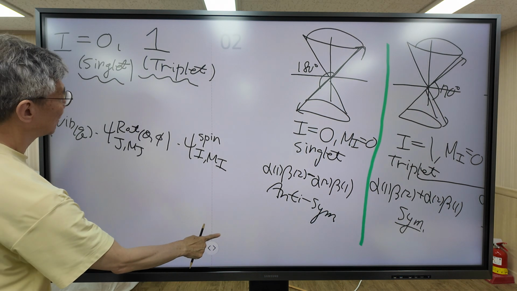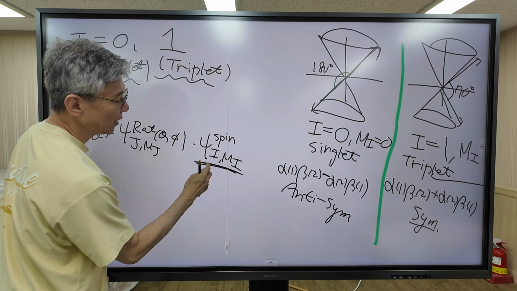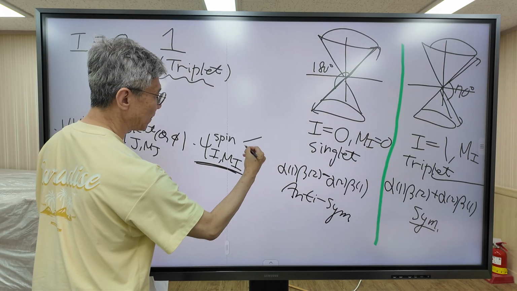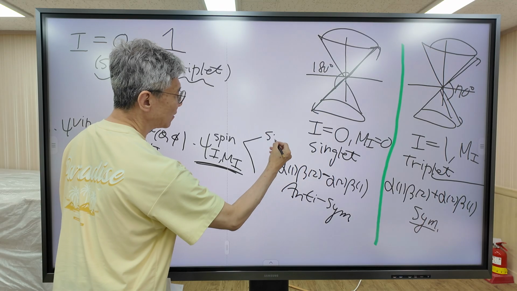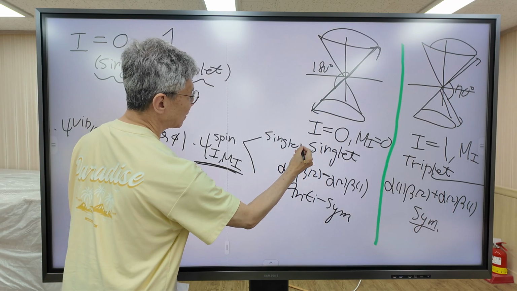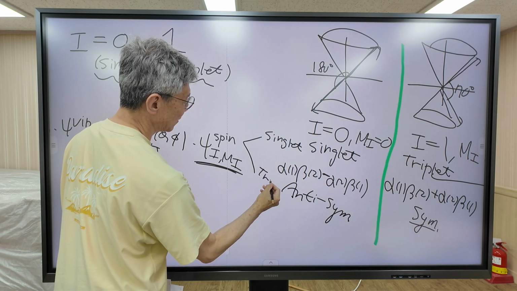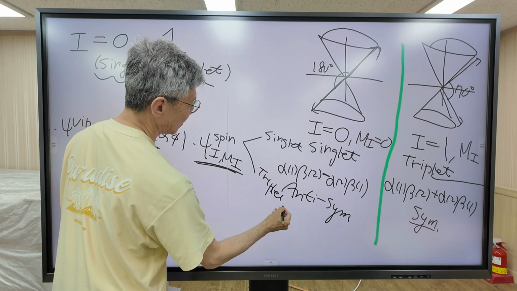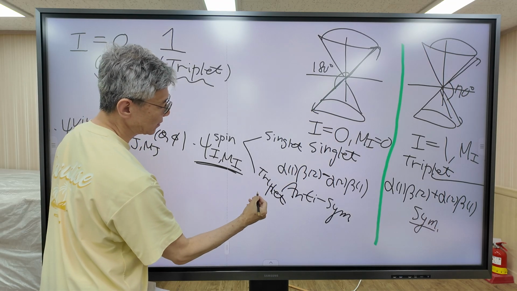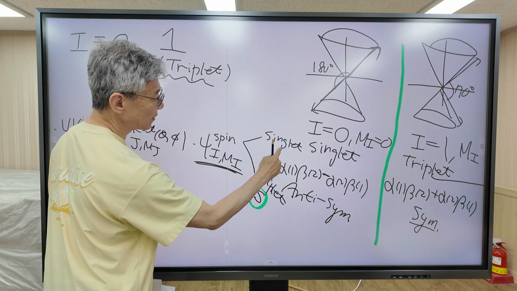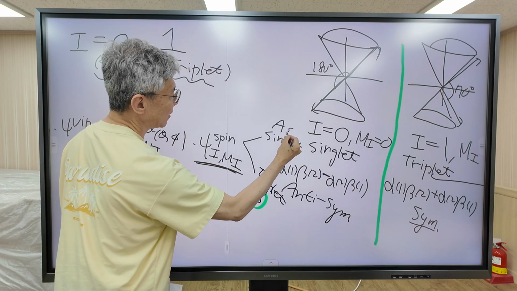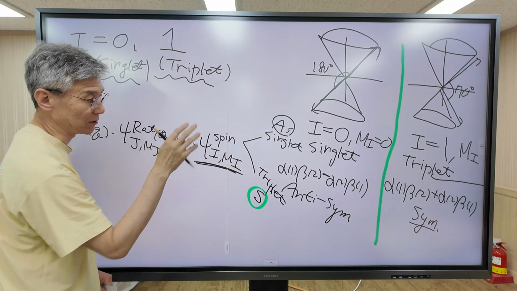This function can be classified as singlet and triplet. The symmetry of triplet is symmetric. The symmetry of the singlet function is anti-symmetric. This is my result.